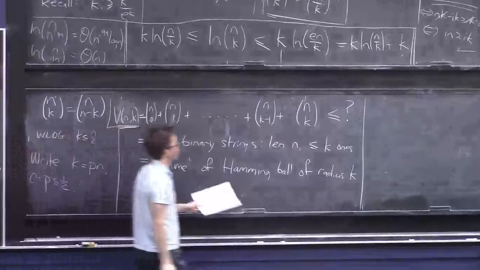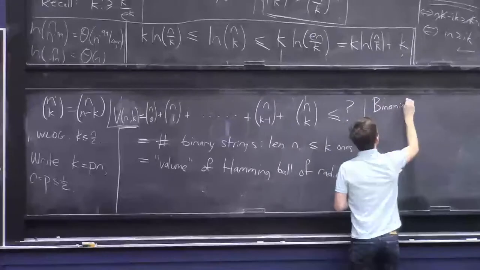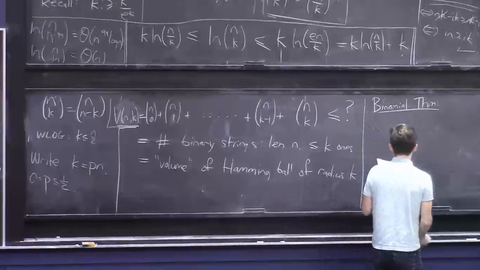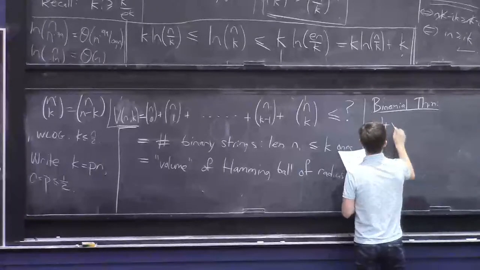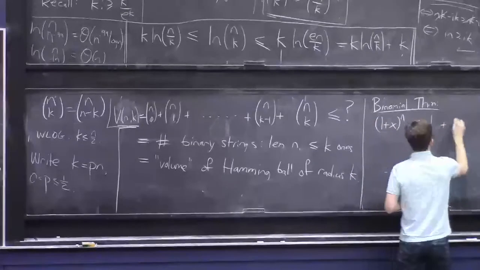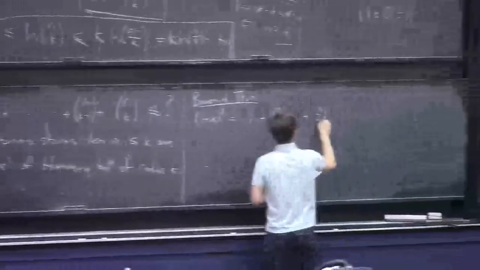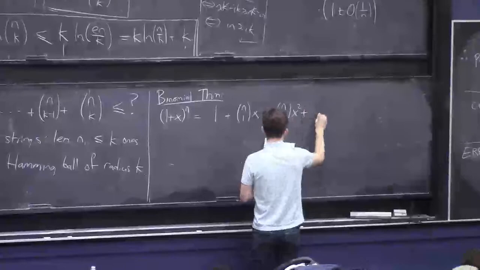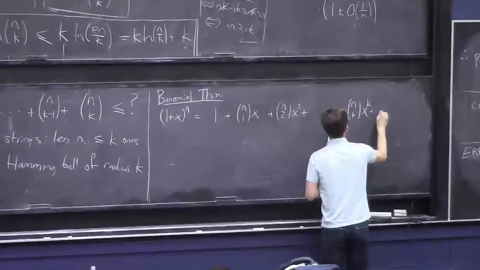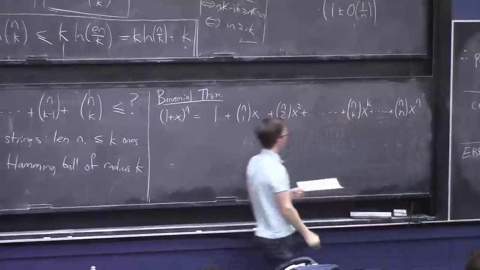So I will recall for you the binomial theorem, which says this: 1 plus x to the n is literally exactly equal to 1 plus n choose 1 times x plus n choose 2 times x squared, plus dot dot dot, plus n choose k times x to the k, plus dot dot dot, plus n choose n times x to the n. Okay, that's the binomial theorem.